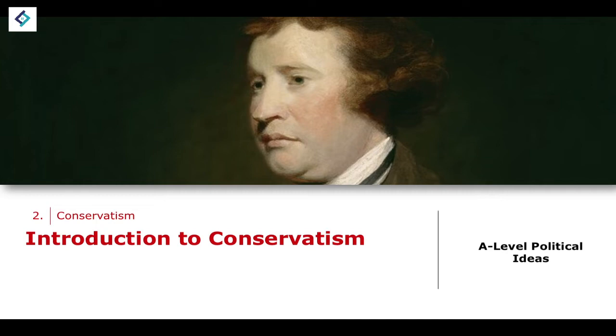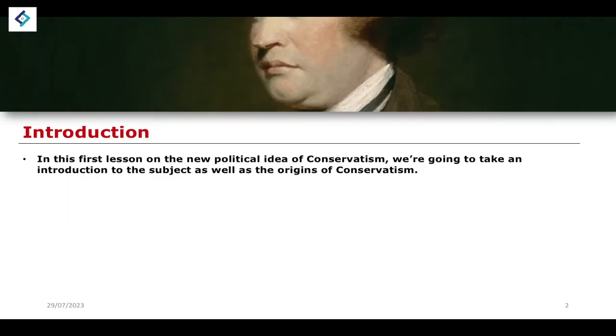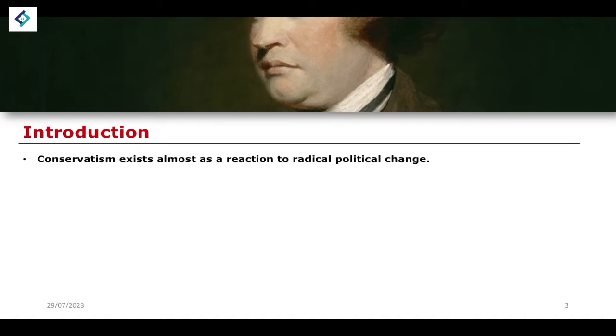This lesson and the next few lessons are going to explore various different types of conservatism, the origins of conservatism, and the various core ideas, social ideas, economic ideas relating to conservatism. So essentially, one of the things that conservatism is almost defined as, at least in terms of its origins, is a reaction to radical political change.